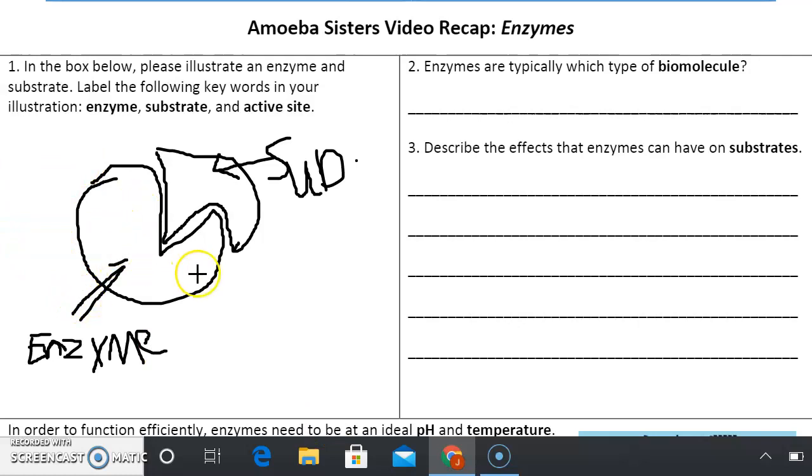So our enzyme, and then our substrate, and then right here, this area right in here where they stick together. That area where they're stuck together, that is what's known as the active site.